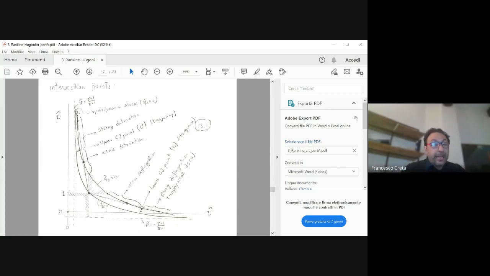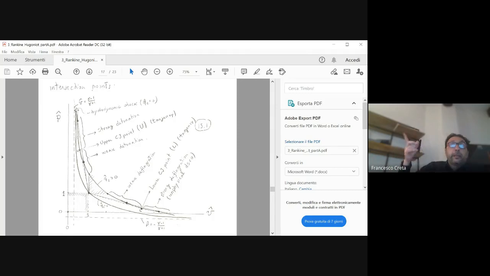Now, this is your classical hydrodynamic shock solution. So in this sense, if I give you the upstream conditions, PU and rho U, or PU and VU, you'll be able to read at this point the non-dimensional values P hat and V hat.